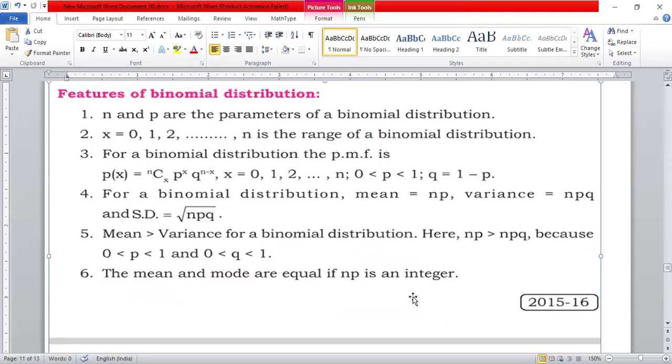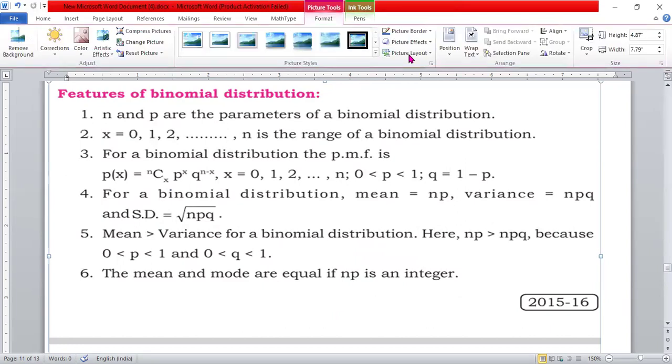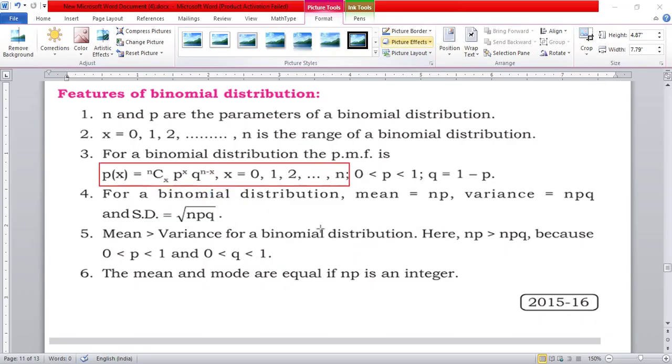Similarly, binomial distribution. The second discrete probability distribution is binomial. So what types of properties are there? The first one: the PMF of the binomial distribution is P of x is equal to nCx, P to the power of x, Q to the power n minus x, where x follows 0, 1, 2, up to n.